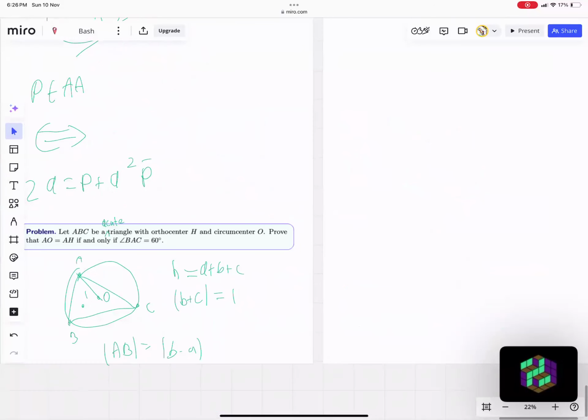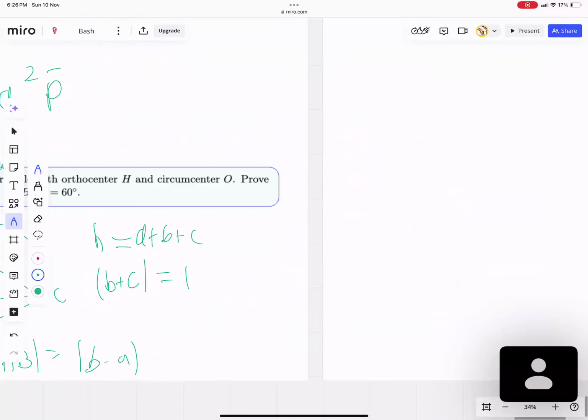Okay, now can anyone tell me how to evaluate the magnitude of B plus C? From here we can get angle BOC, since you know that B and C have magnitudes 1 and the magnitude of B plus C is also 1. So we get angle BOC to be 120, which is twice angle A. Wait, how did you get BOC to be 120?